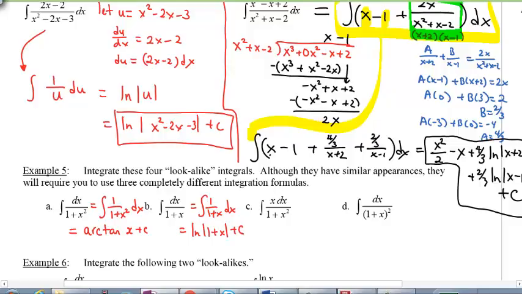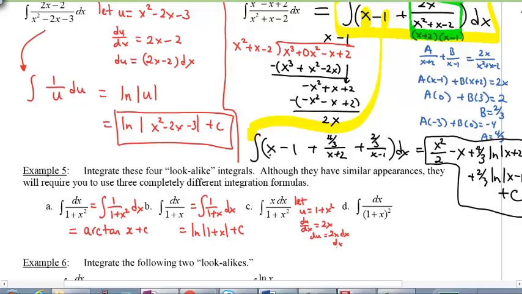Notice in this one, I do have a 1 plus x squared in the denominator. This is where I think I'd use substitution, because du/dx is 2x, and therefore du is equal to 2x dx.